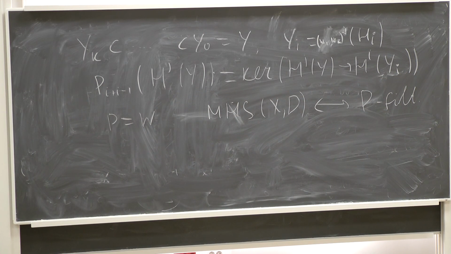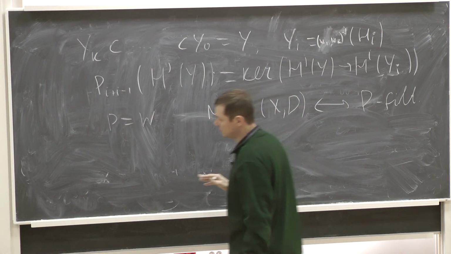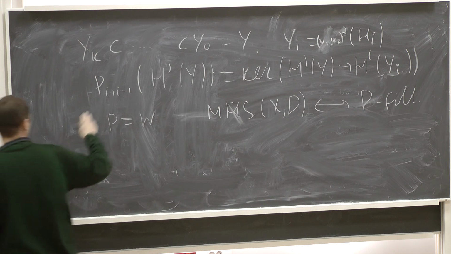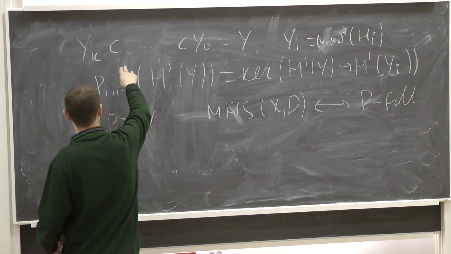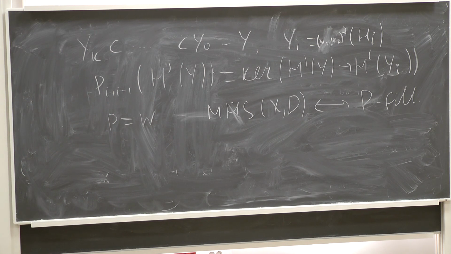Say if we have k terms here, then we have k levels of weight filtration on the mixed Hodge structure, and indeed here we have a flag of length k, so a filtration of length k here.